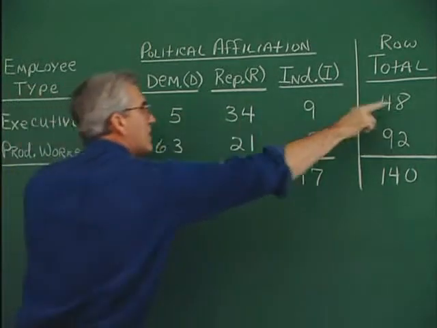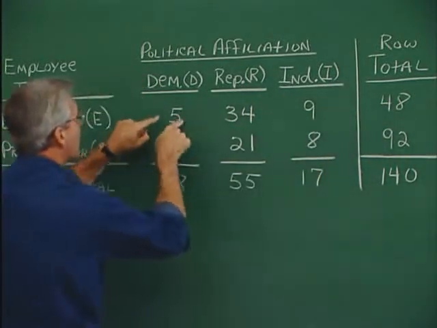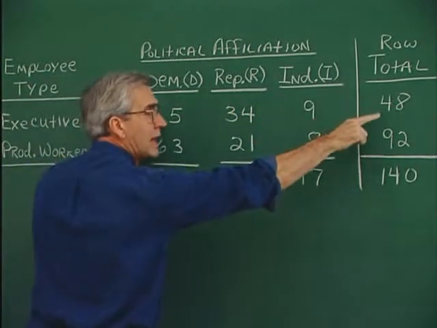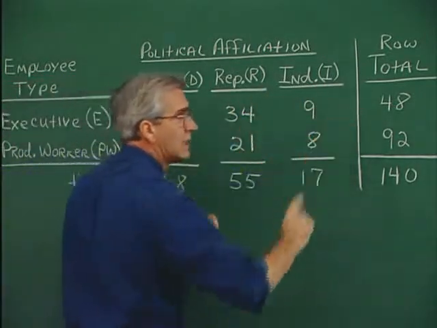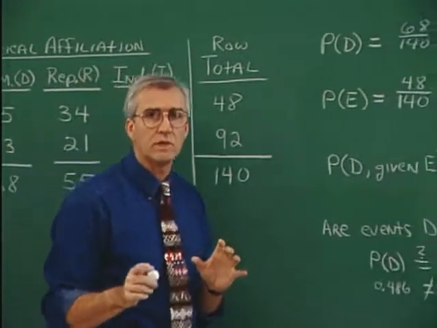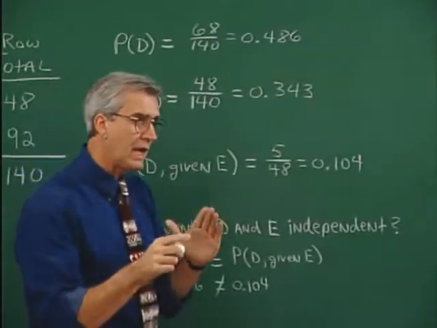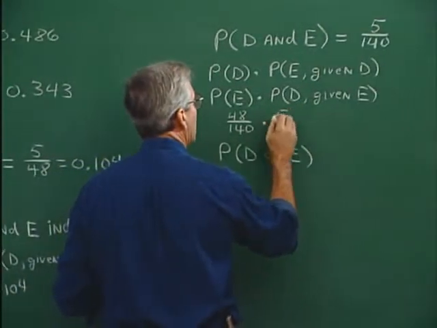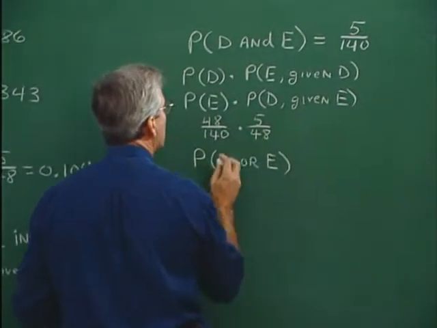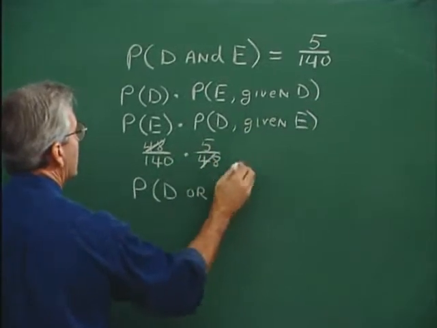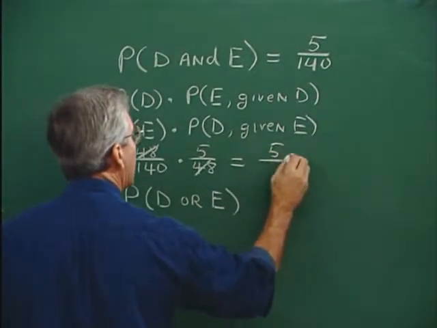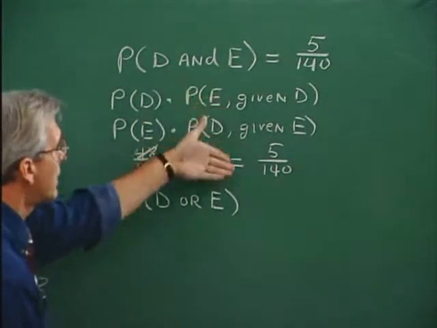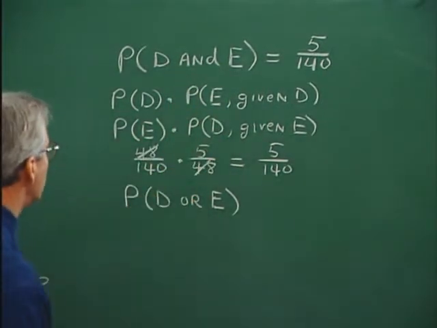Well, the Democrats that are executives, there are 5 of them, and it's the condition that we're only talking about executives, so it's 5 out of 48. And that's what's important to realize here, that it's 5 out of 48, not 5 out of 140. So 5 out of 48. And the 48s cancel here, so we have 5 out of 140, which is the same fraction that we have up here. Both can be reduced, but that's not the point here, really.